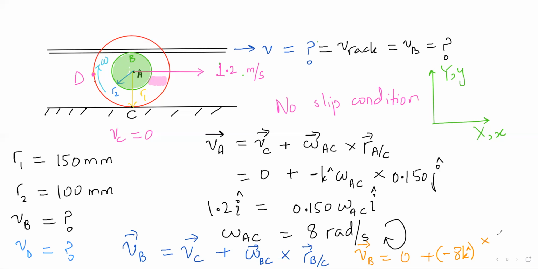Cross position of B with respect to C is 250. Correct? Everybody got that? Okay, it is J. Okay, what is the VB you are getting? It will be 0.15.